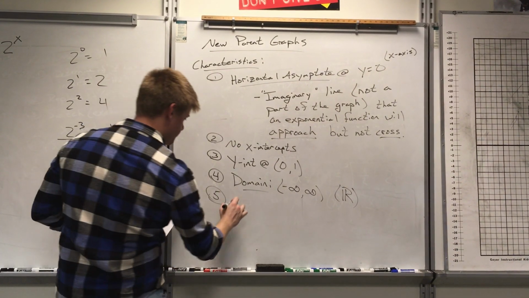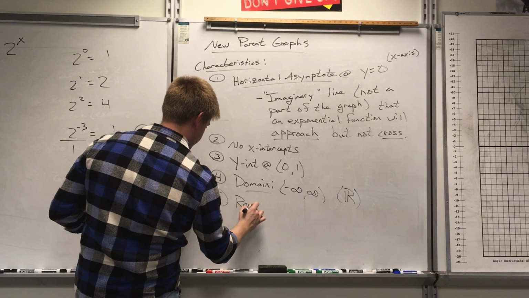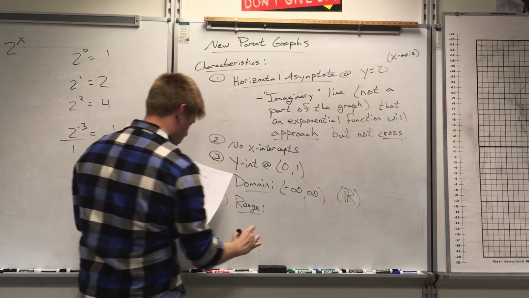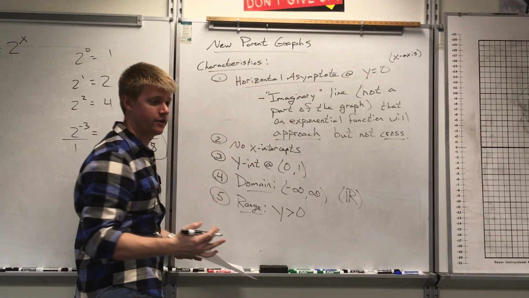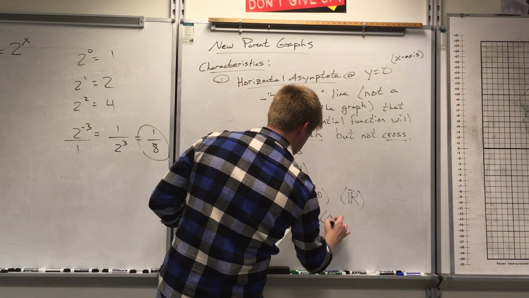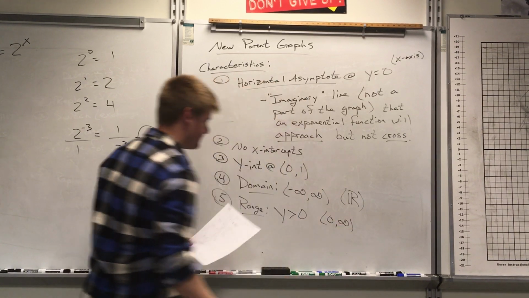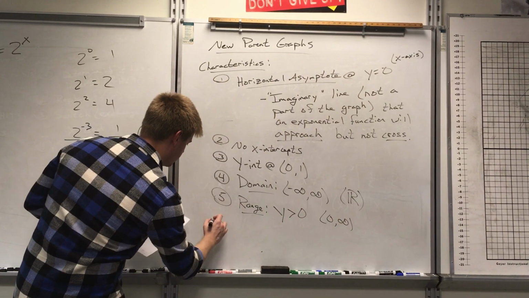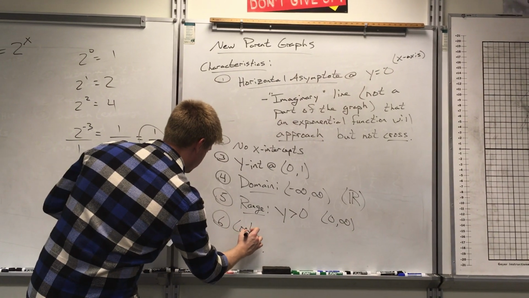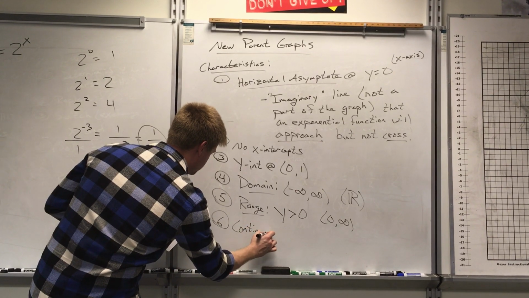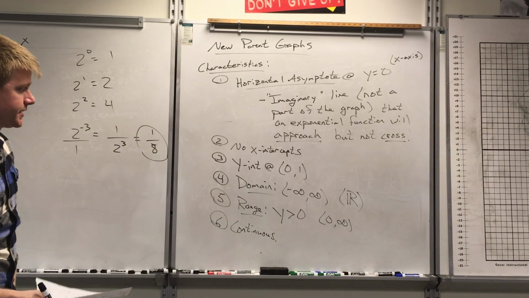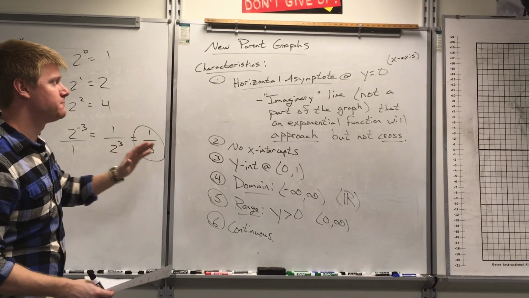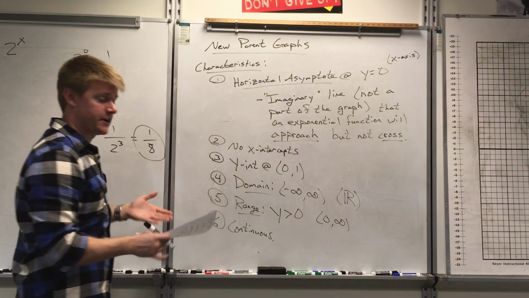The range is always 0 to infinity, or y greater than 0. And finally, they are continuous, just like polynomials. So again, that's a list of characteristics that's going to be true for all of these parent graphs of exponential functions.